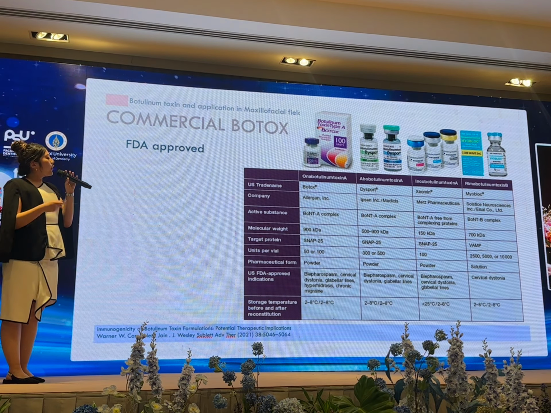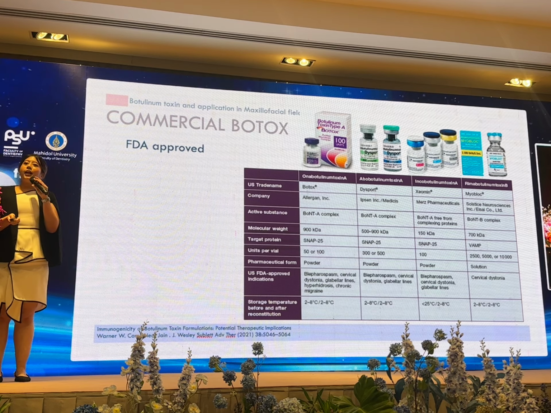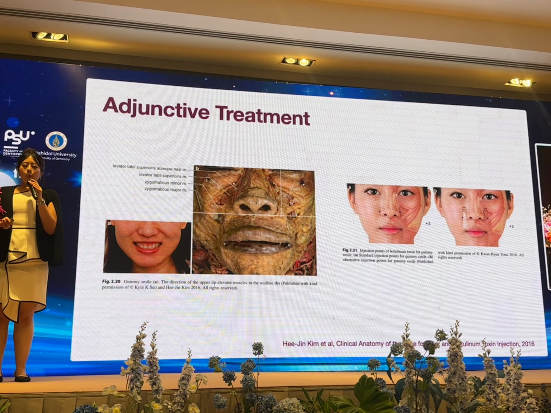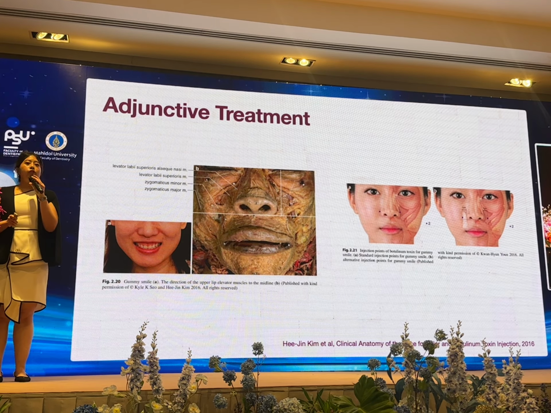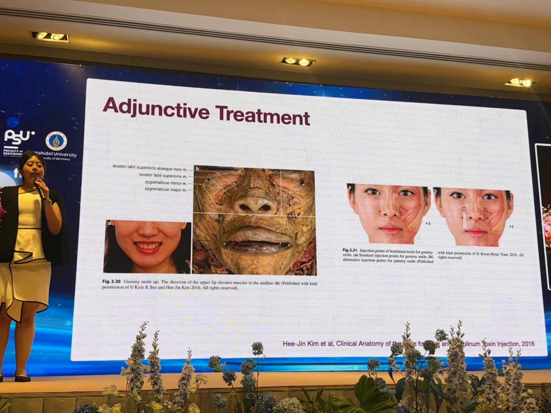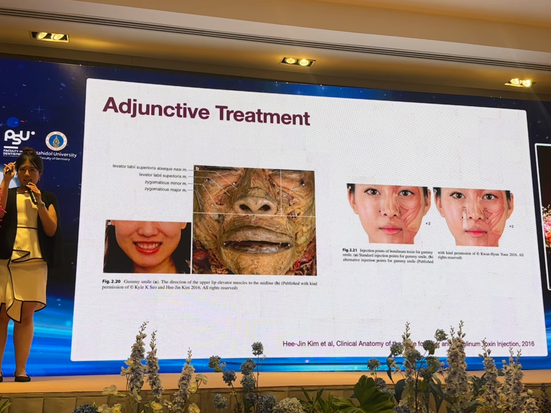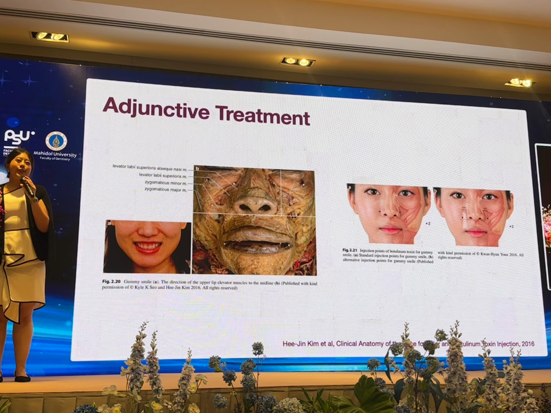Here's the list of the FDA-approved botulinum toxins. You can see the details in the table. The target muscles were the levator labii superioris alaeque nasi, both left and right side. You can locate them by using your finger like this and placing it simply next to your nose.